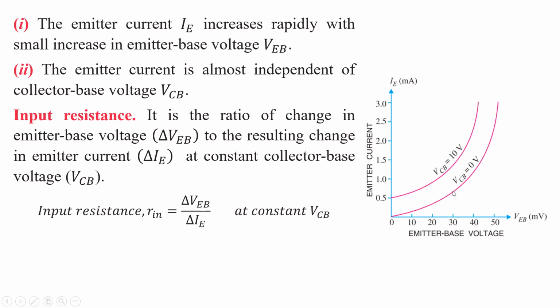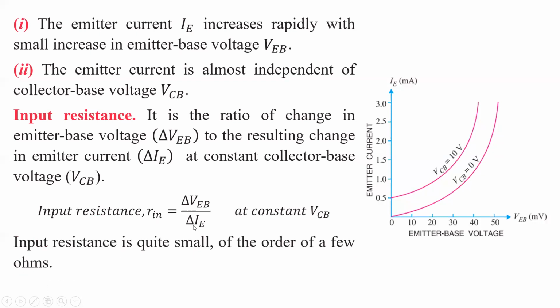If you take the slope here, that will give you delta IE divided by delta VEB. It is observed that for a small change in V, there will be a large change in I. So delta VEB is smaller, delta IE is larger. A smaller value divided by a larger value gives you a small value.